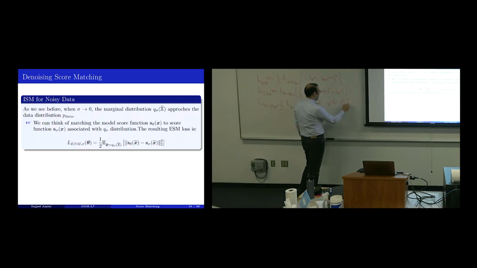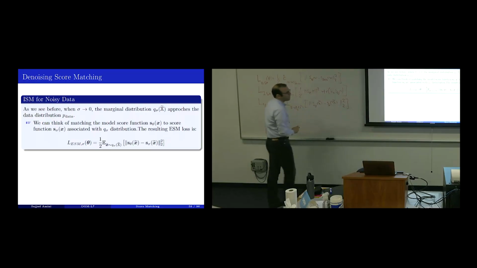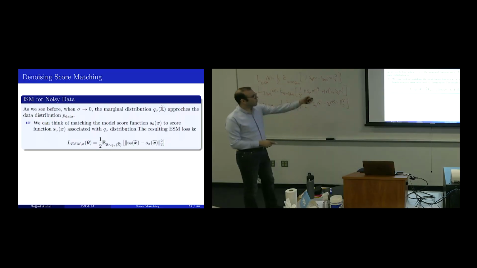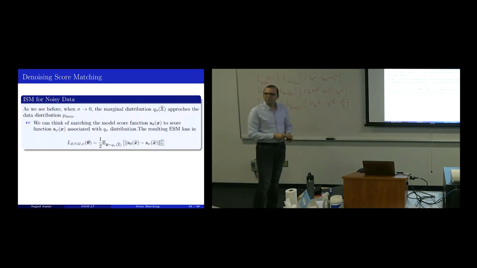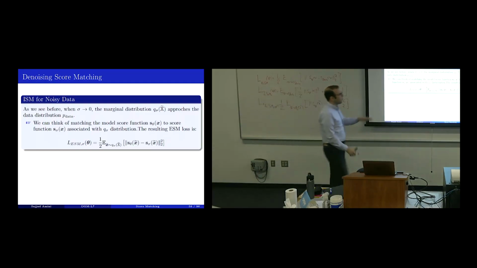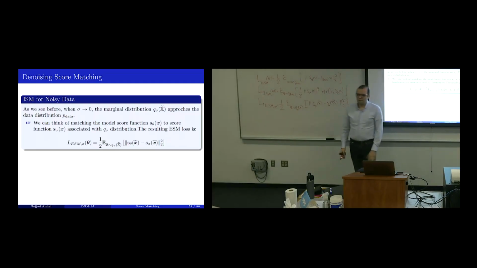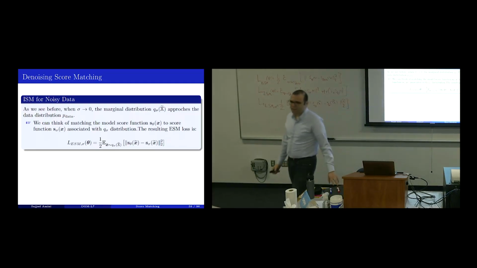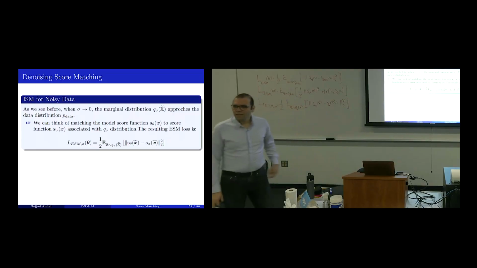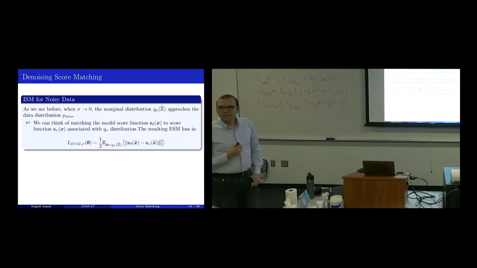You are not using that trace. What is the problem with this formulation? With this loss, there is a problem. There is a similar problem that we have seen before. Can we calculate it? Why?